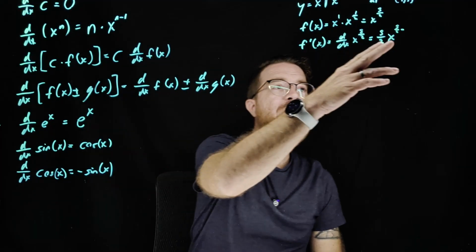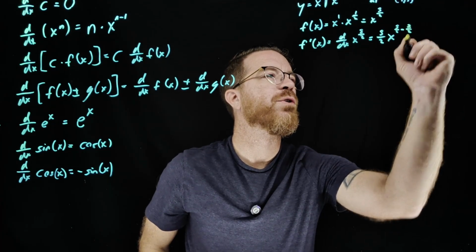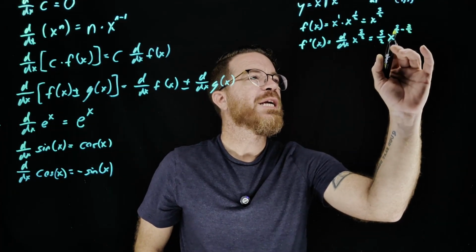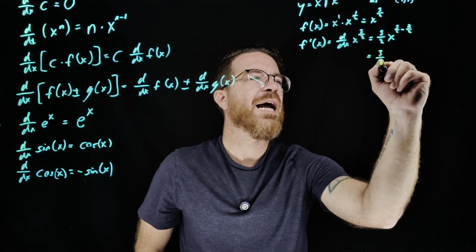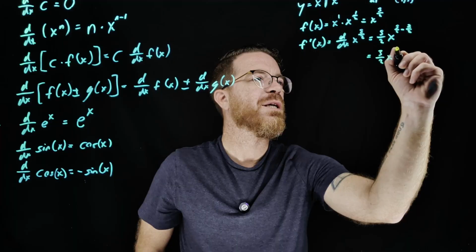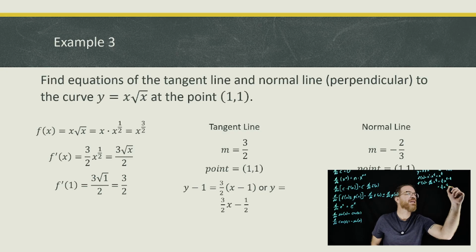In this case, 1, because I want it in terms of halves, would be 2 over 2. So 3 over 2 minus 2 over 2 is going to leave me with 3/2 x to the 1/2 power. And rewriting this in terms of our original function, this would be the same thing as saying 3 square root of x over 2.